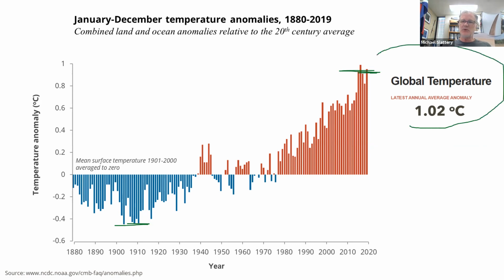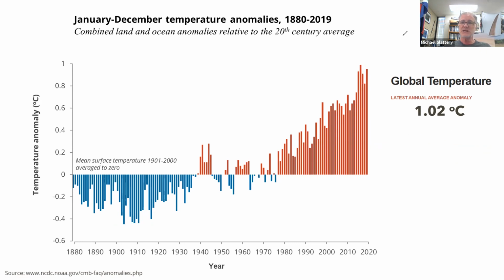This little inset that I put here shows the latest average anomaly. This is 2020, the latest anomaly for 2020, and we've got a warming of about 1.02 degrees Celsius. Does that make sense? So when I add 2020 on here, it would be 1.02 degrees warmer than the 20th century average.